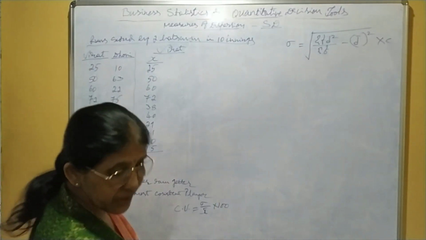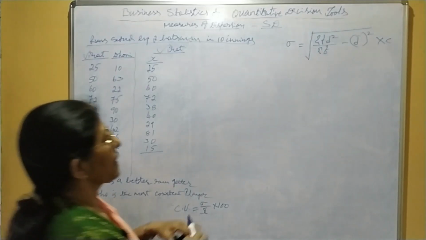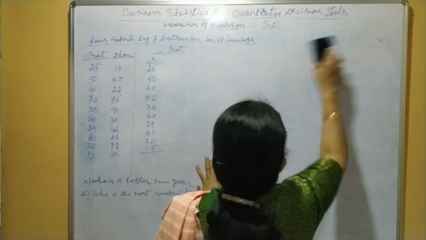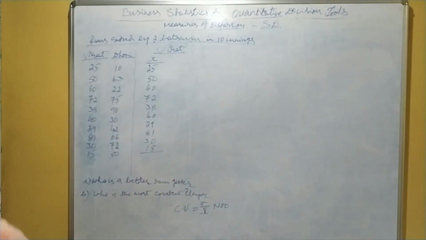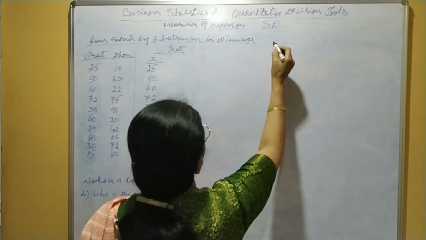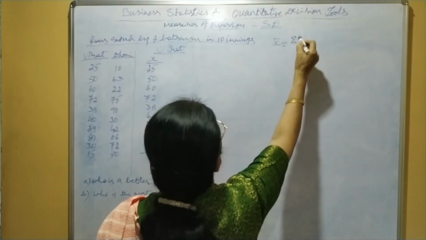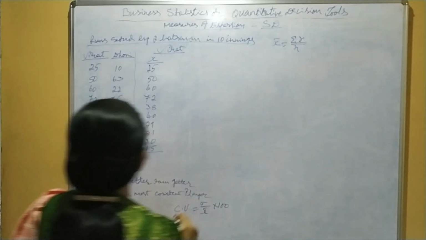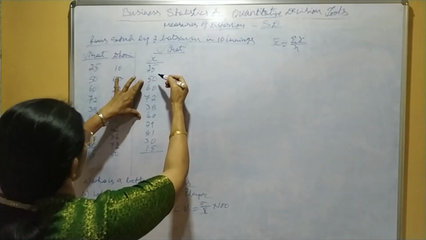Therefore, to find out x bar under data not classified, what is the formula? That is sigma x divided by n. Sigma x means total of variables. Take the totals.